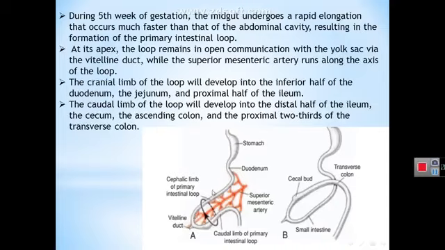The cephalic limb of the primary intestinal loop develops into the distal part of the duodenum, jejunum, and part of the ileum. The caudal limb becomes the lower portion of the ileum, the cecum, appendix, ascending colon, and the proximal two-thirds of the transverse colon.